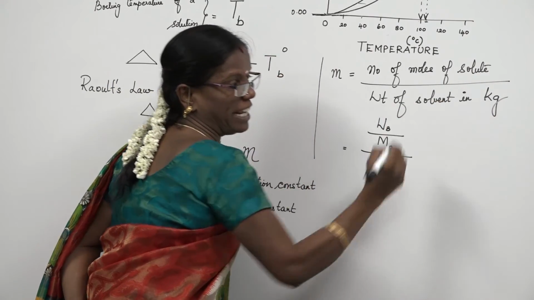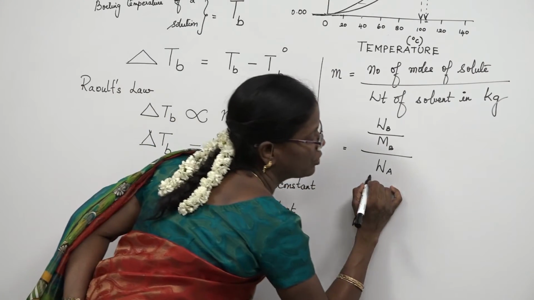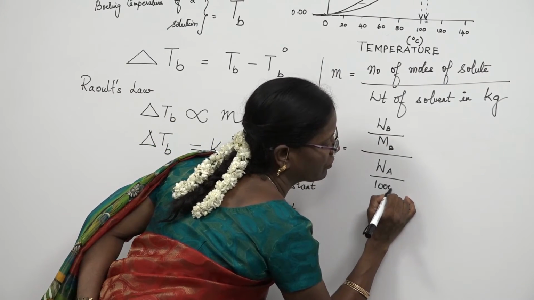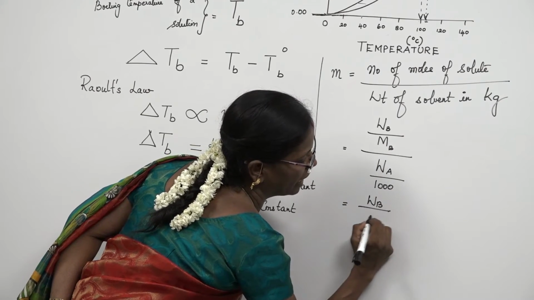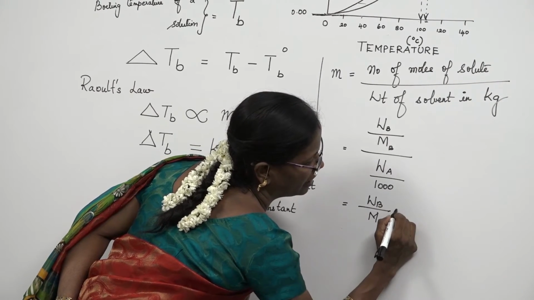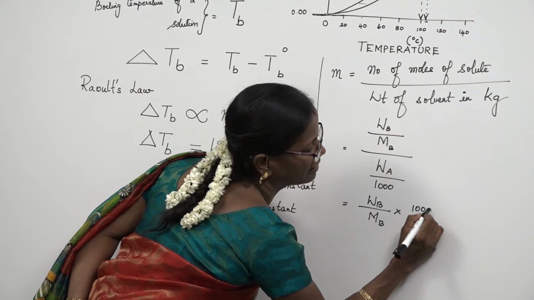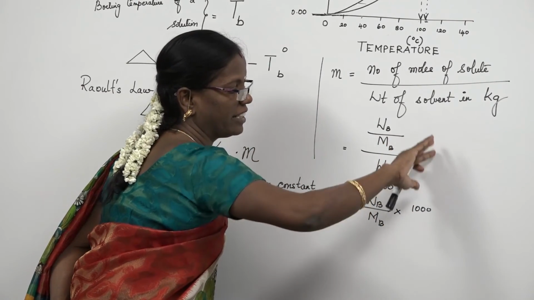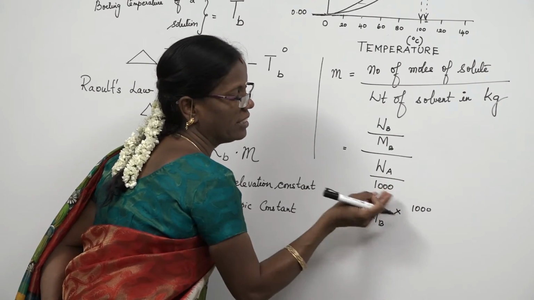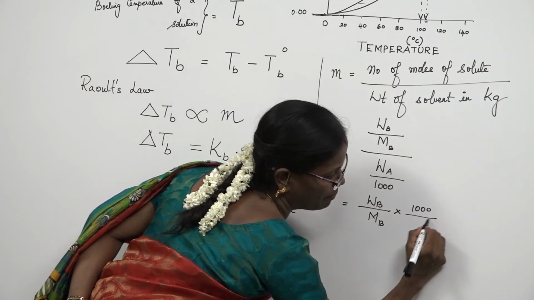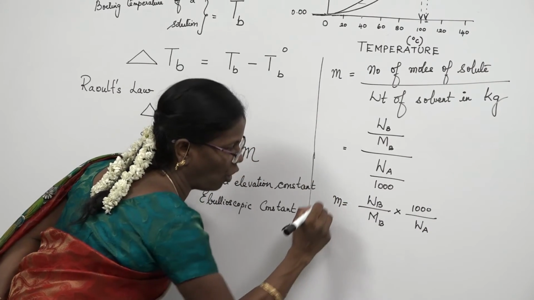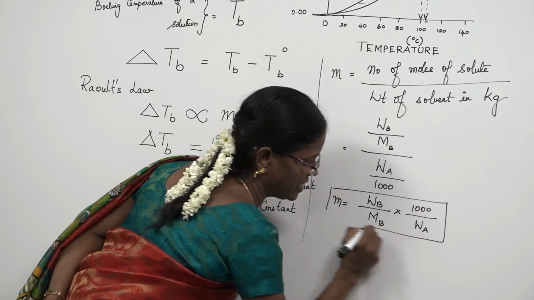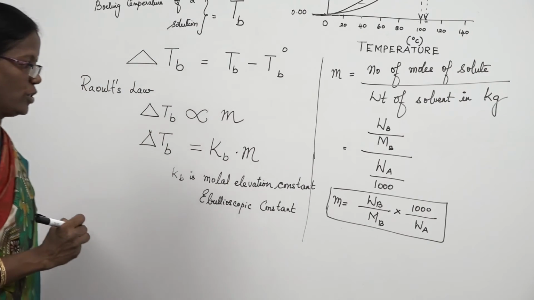Since it has to be expressed in kilogram, it should be divided by 1000. So this becomes W_B by M_B, into 1000 by W_A. When it comes here, we write the reciprocal, so 1000 comes up and by W_A. This is the expression for molality of that solution.